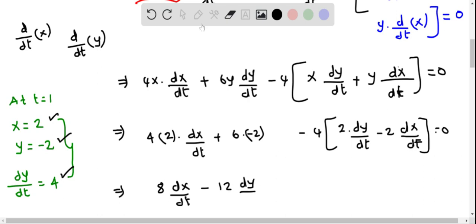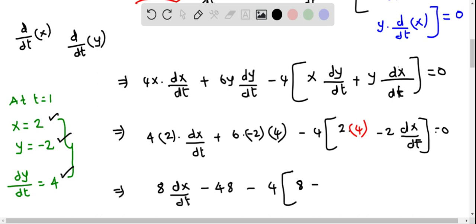For dy by dt I'm going to substitute 4, and once again we have a dy by dt over here, so we can substitute 4 here too. This gives us 6 times -2 is -12, and -12 times 4 is -48. Minus 4 times 2 times 4 is 8, minus 2 times dx over dt.